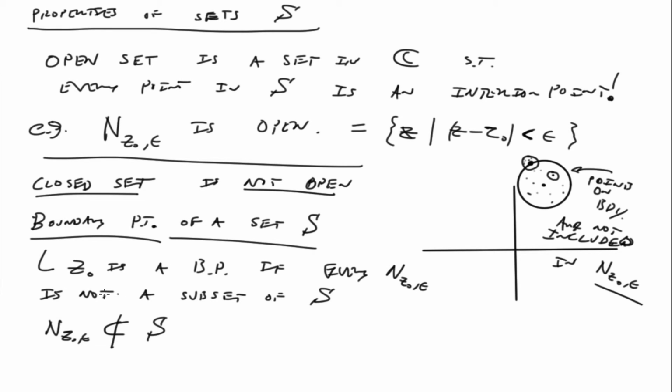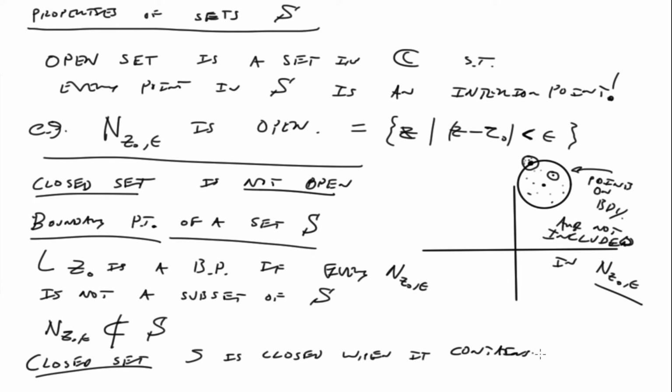Okay. And so now we can define a closed set. S is closed when it contains all of its boundary points.